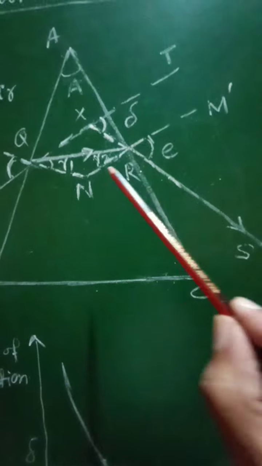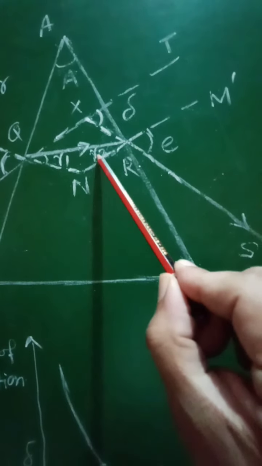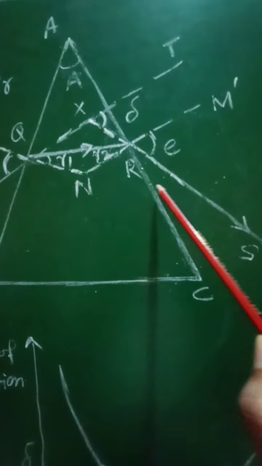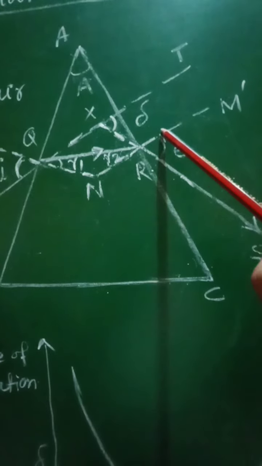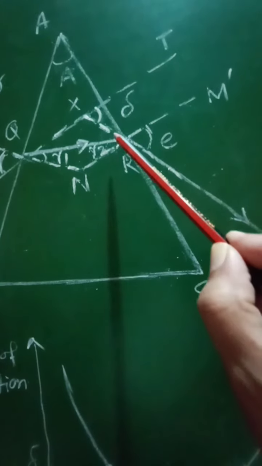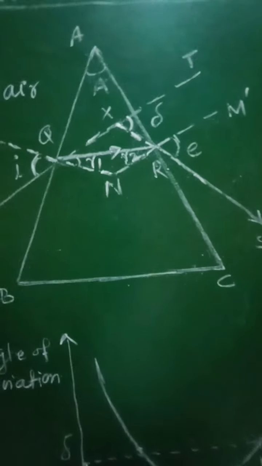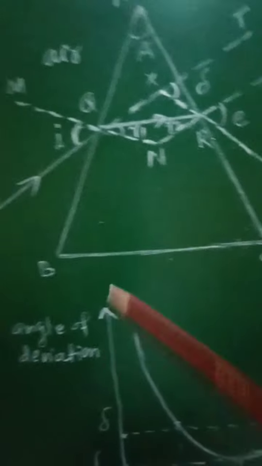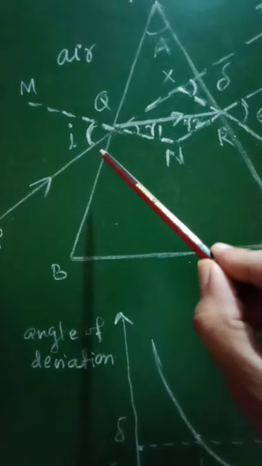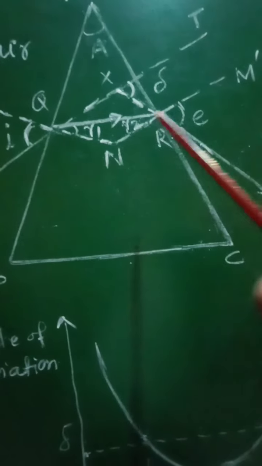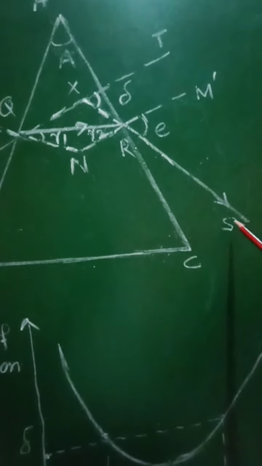Now this ray of light is traveling from denser medium to rarer medium, therefore it will bend away from the normal and will travel along RS. So RS is the emergent ray. So PQ is the incident ray, QR is the refracted ray, and RS is the emergent ray.